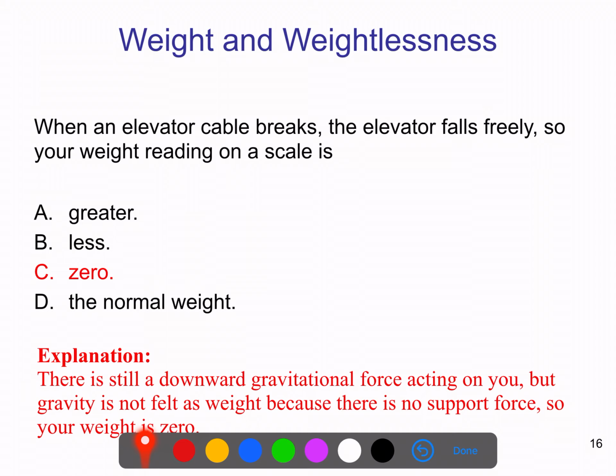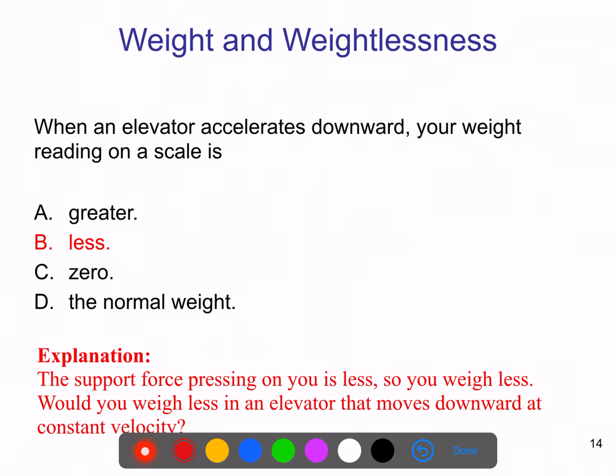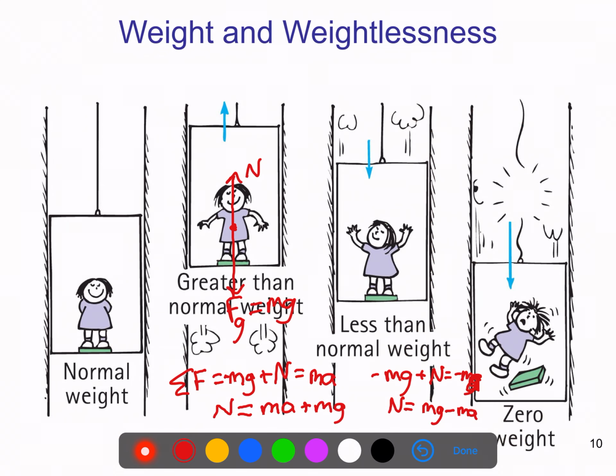Okay, so it's important to remember though that if you were moving at a constant rate of speed in the elevator, it doesn't mean that it's just the fact that it's going up that gives you this greater than normal weight sensation.